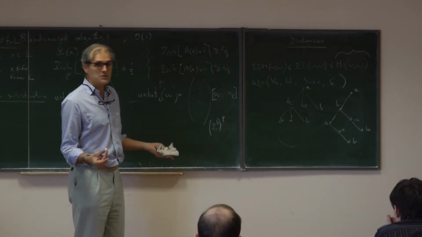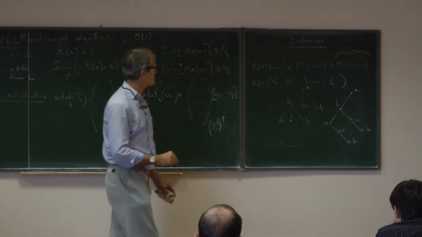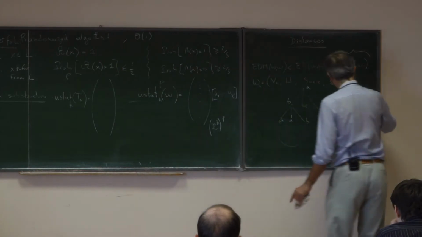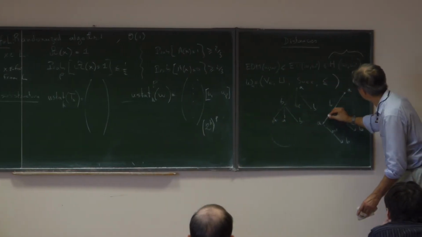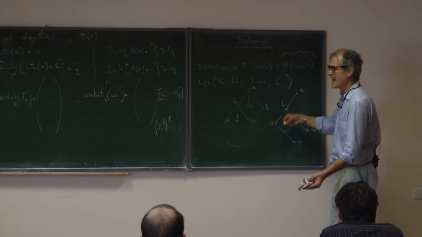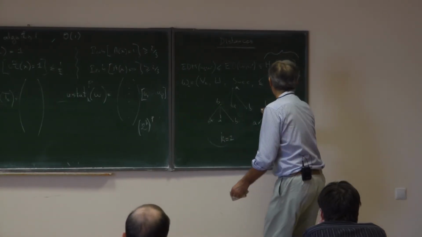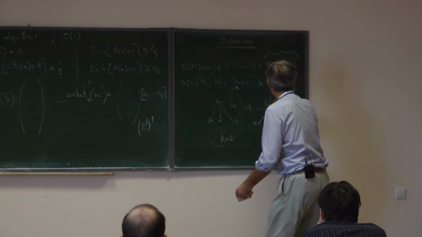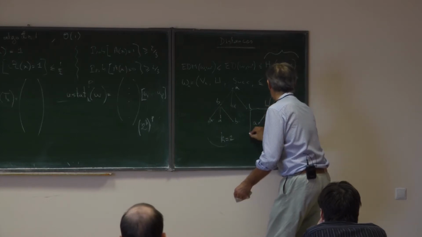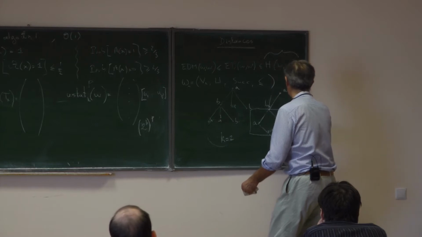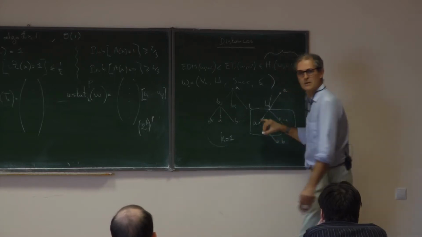Then what you can do is, if you take a random point, you can look at essentially the subtree at depth k. So let's suppose k equals 2. Then if this is my random choice, the tree I see is exactly this one.